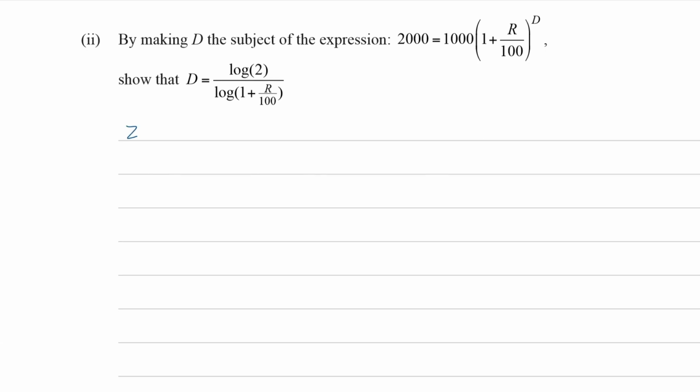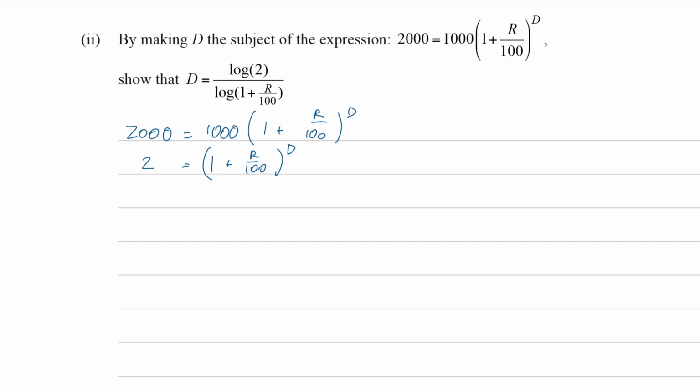So let's just write out the equation. We could divide both sides by 1,000 like we did last time. So 2 equals 1 plus R over 100 to the power of D. Now at this point, in the last question when we were solving for R, we took the 11th root because D was 11, but here D is just an unknown.